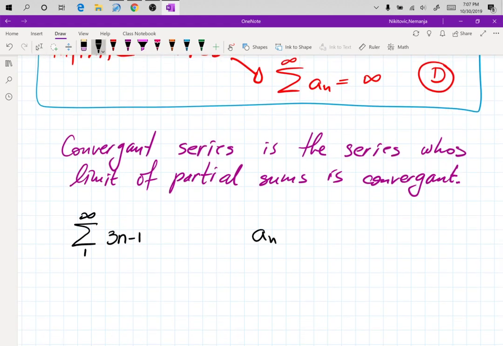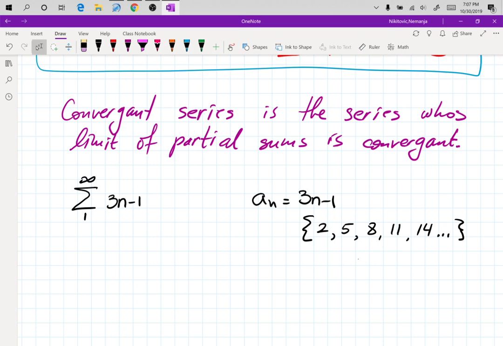My an is equal to 3n minus 1, and the sequence associated with 3n minus 1 is 2, 5, 8, 11, 14, going on to infinity. Why do I need the sequence?